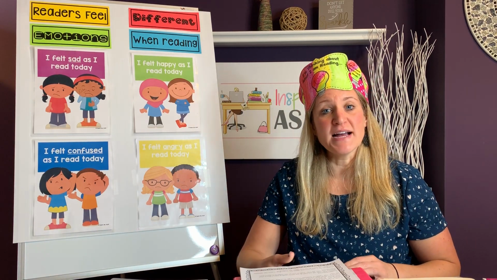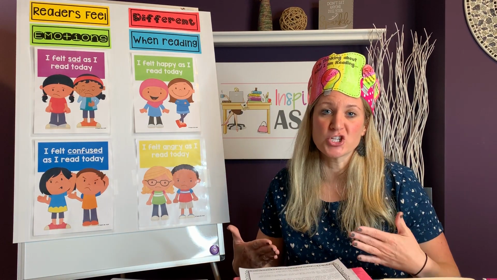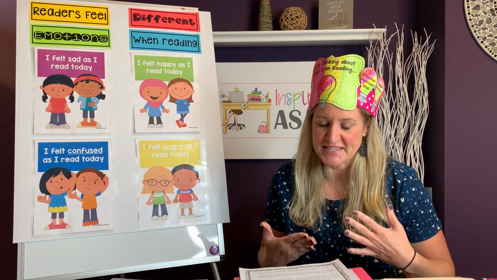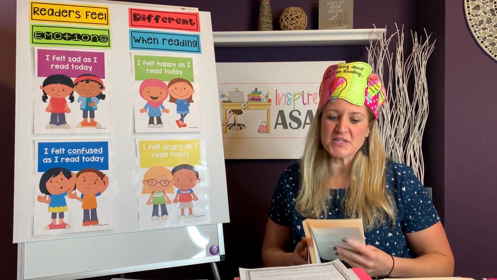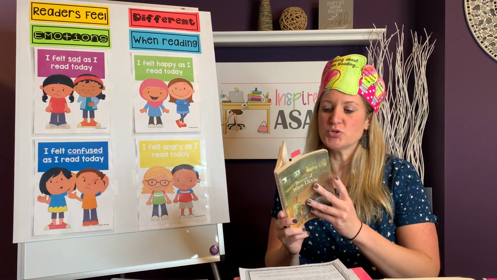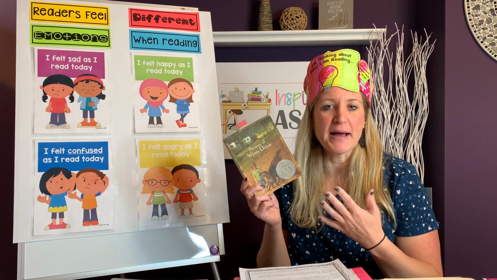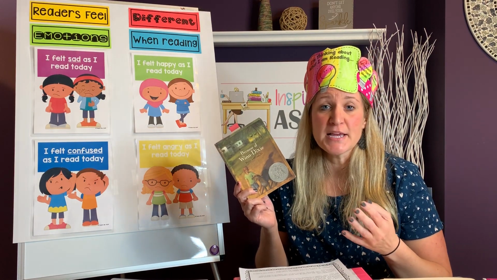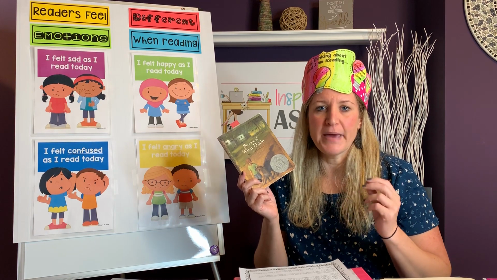I would now move on to the explicit instruction, which is really the meat and the heart of this mini lesson. For the explicit instruction, I am going to pick out a favorite book of mine, a book that I may or may not have already read aloud to my students, but a book that I am passionate about.